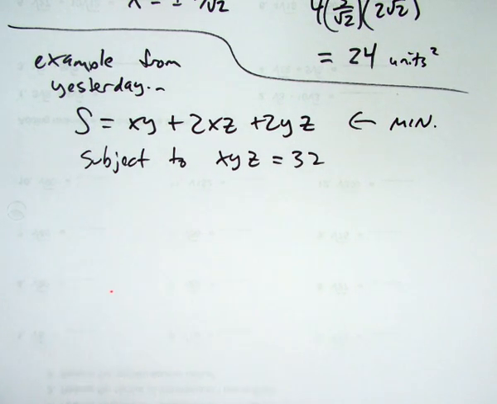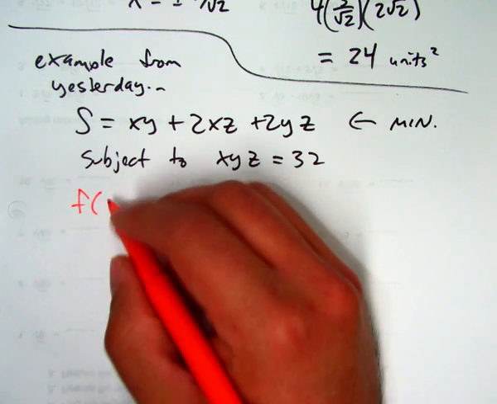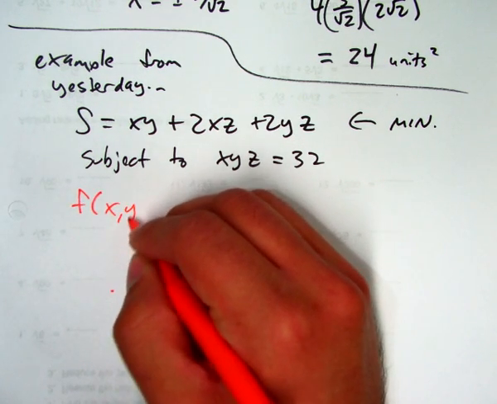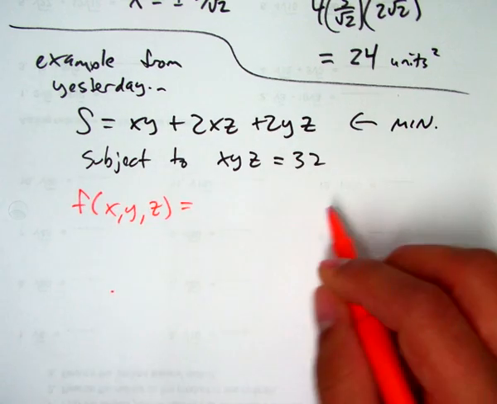Okay, so using the method of Lagrange multipliers, I say that f of xyz will be my surface area equation.